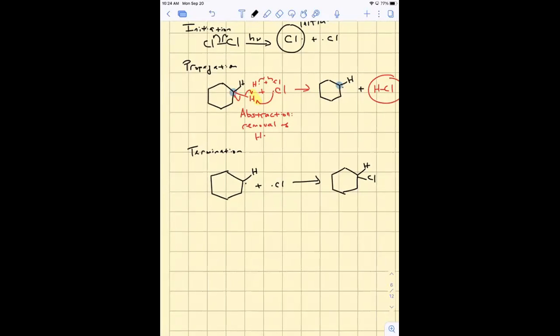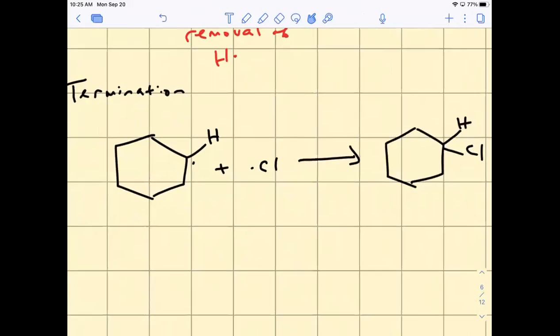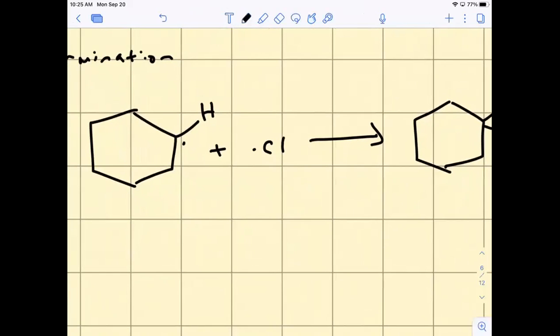Could you show a single headed arrow going from the electron on chlorine to the carbon? Towards it, yes. I also had to show that, because with a homolytic process, both atoms are donating one electron. So I need an arrow from both sides. It just needs to be single-headed.